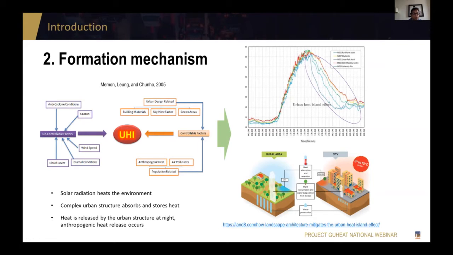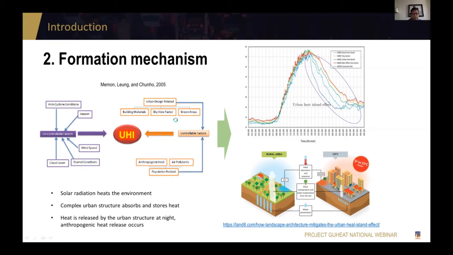The uncontrollable factors are natural in origin, such as cloud cover, diurnal conditions, wind speed, season, while the controllable factors are associated or man-made. This can further be categorized into urban design related and population related.